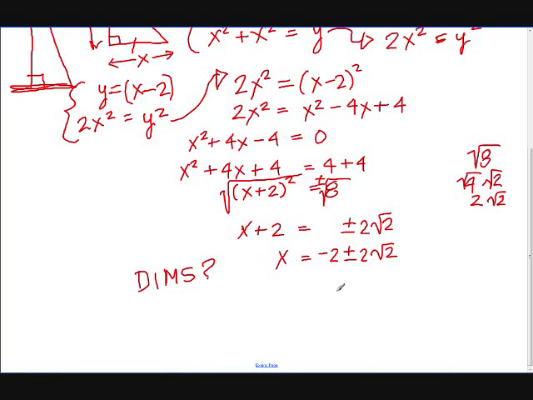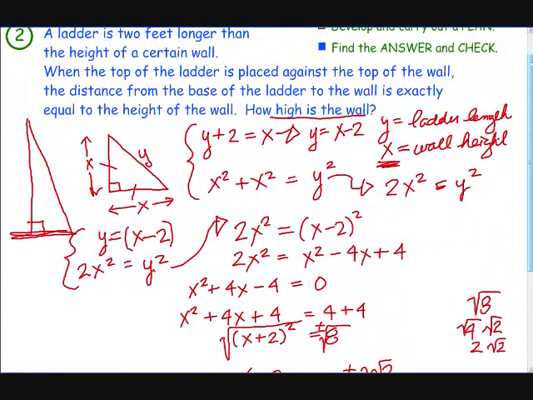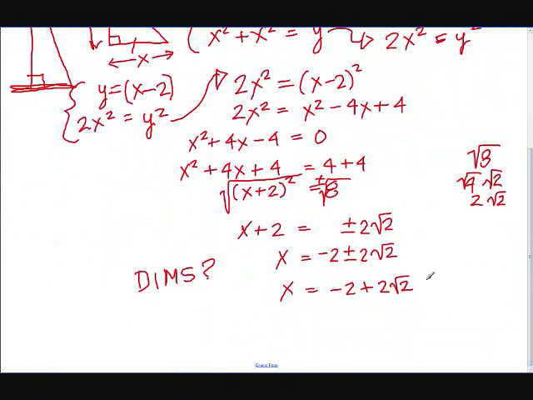We know a negative dimension would not make sense. And if I say negative 2 and I subtract 2 square roots of 2, definitely we'll have a negative number. So x has to be negative 2 plus 2 square roots of 2. And do we have a unit of measure here? Yes, we're talking about feet.